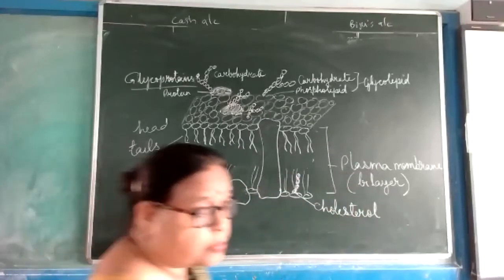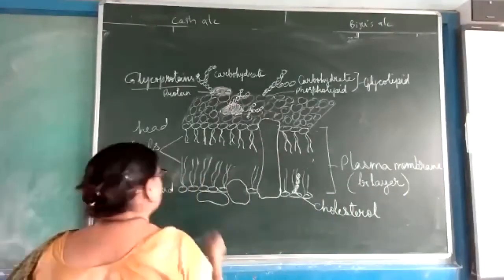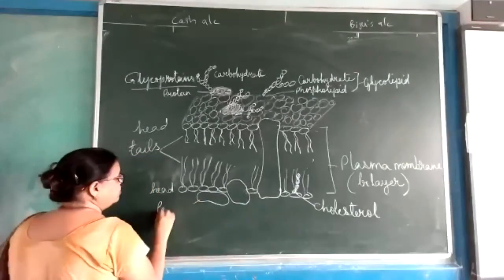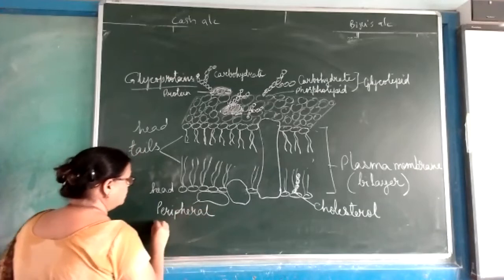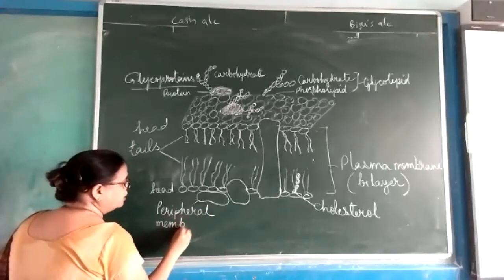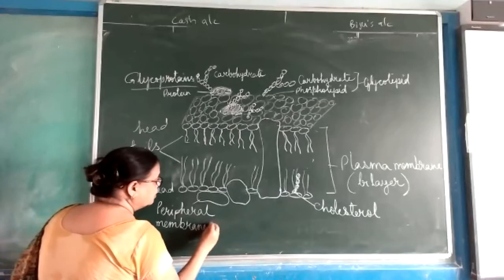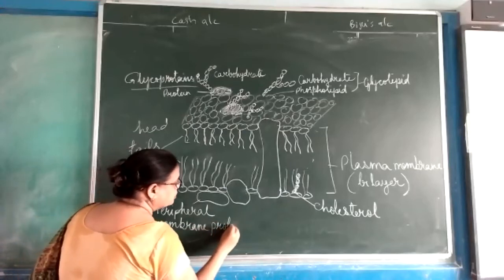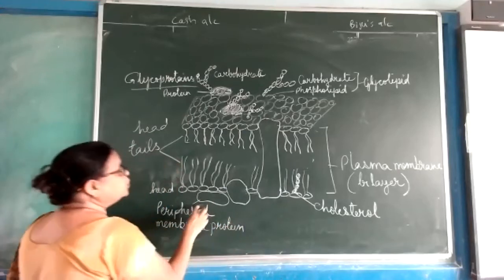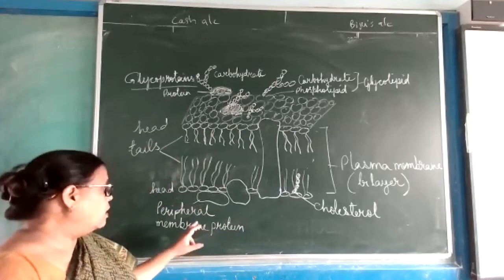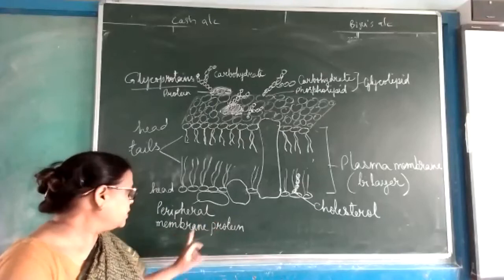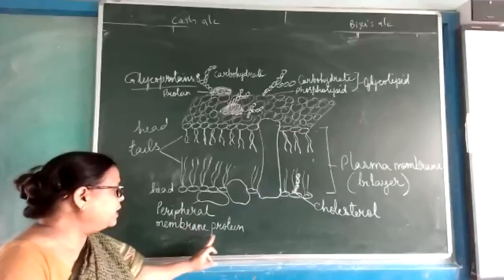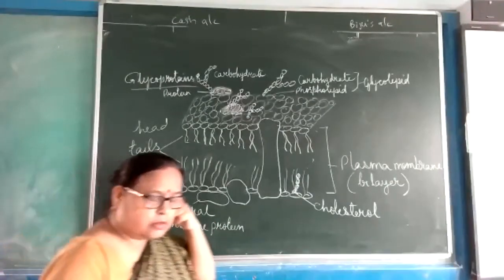Then this is the membrane protein. This protein is attached on the outer surface of the phospholipid bilayer. So this will be called peripheral protein.